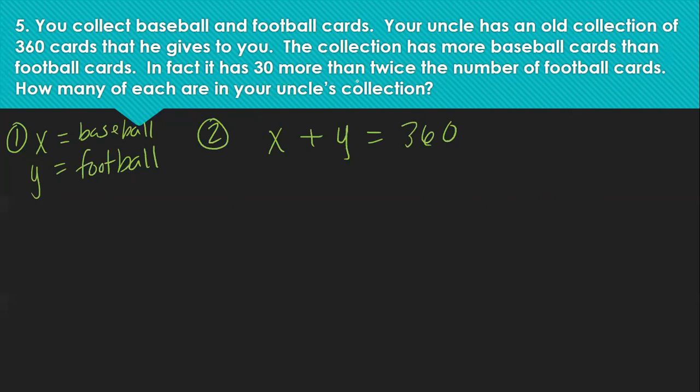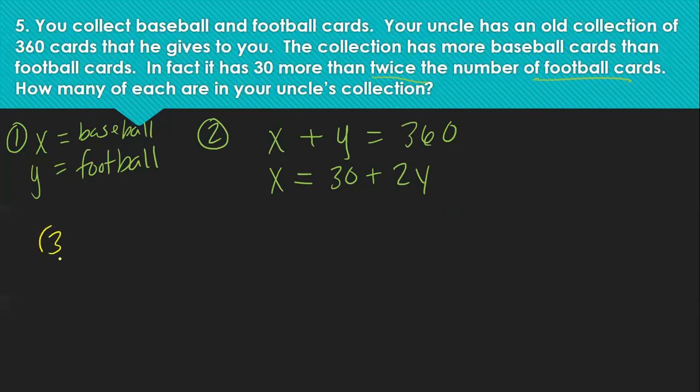In fact, he has 30 more than twice the number of football cards. So we know baseball cards is equal. 30 plus twice the number of football. You see how literally we read the sentence and interpret it into a math equation.